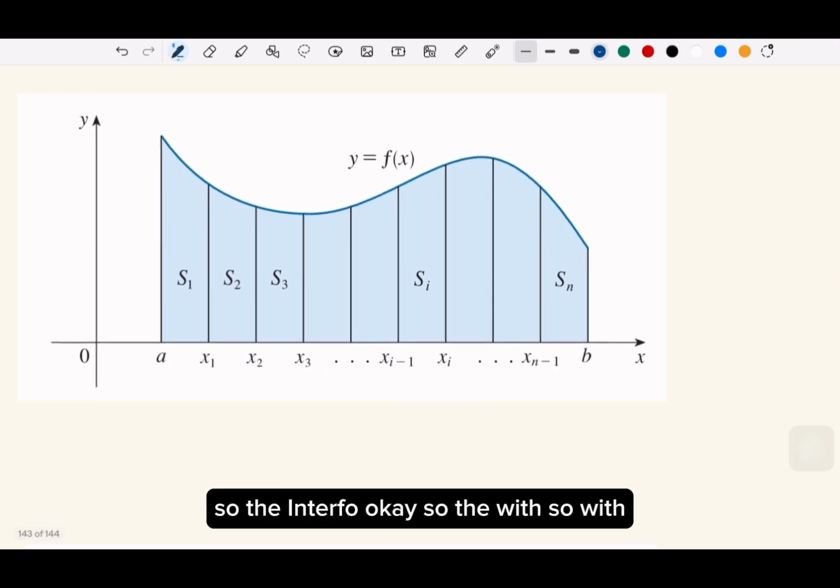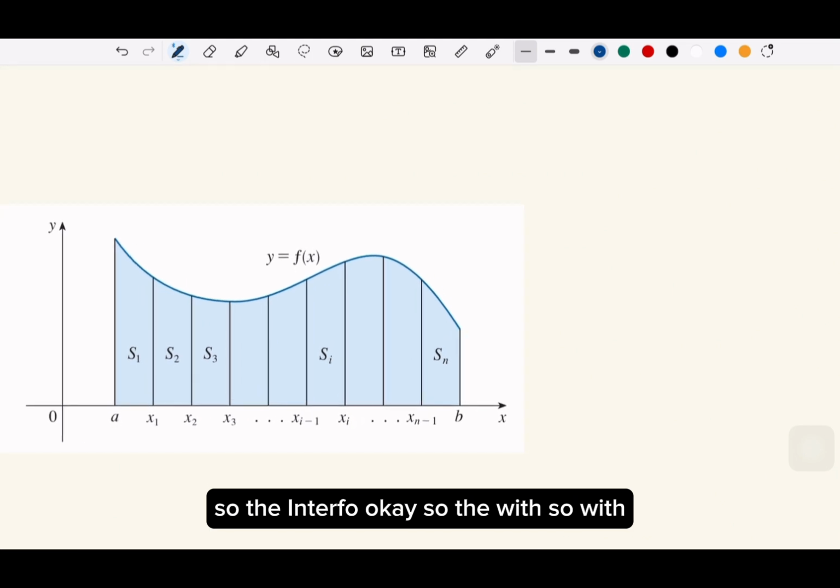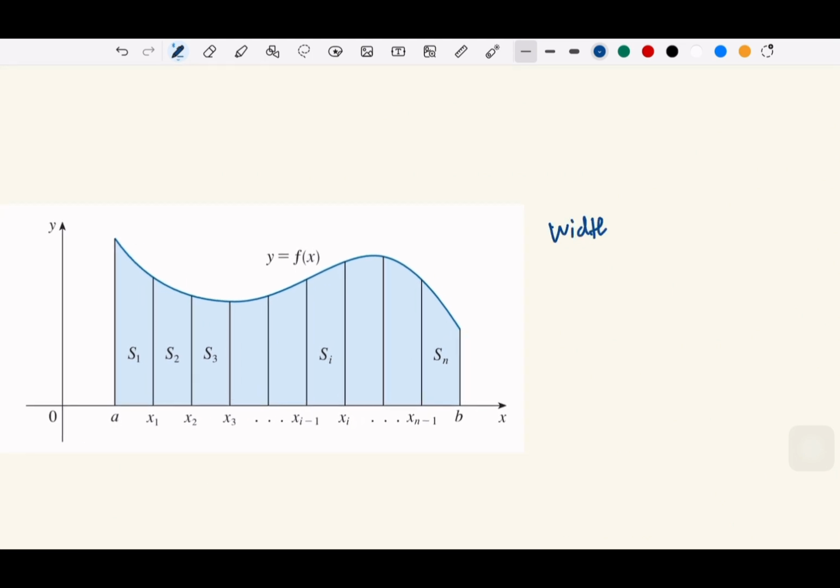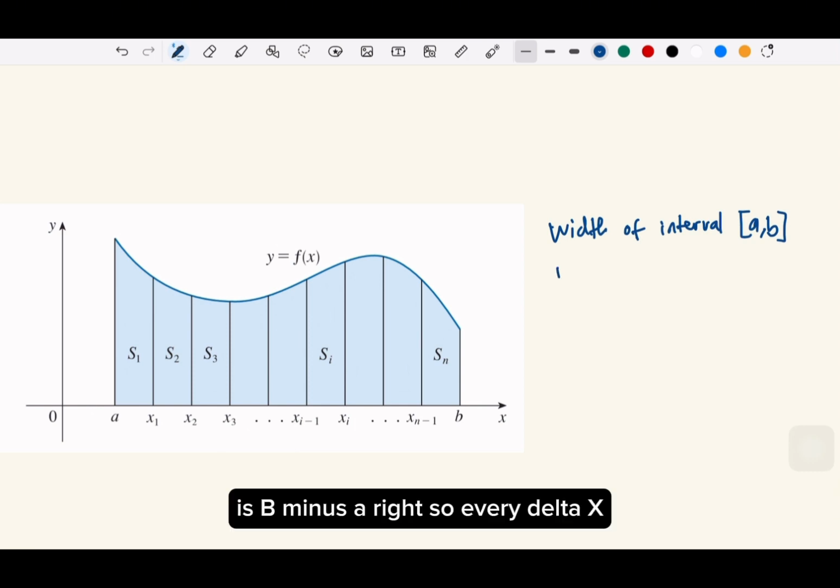So the width of interval AB is b minus a.